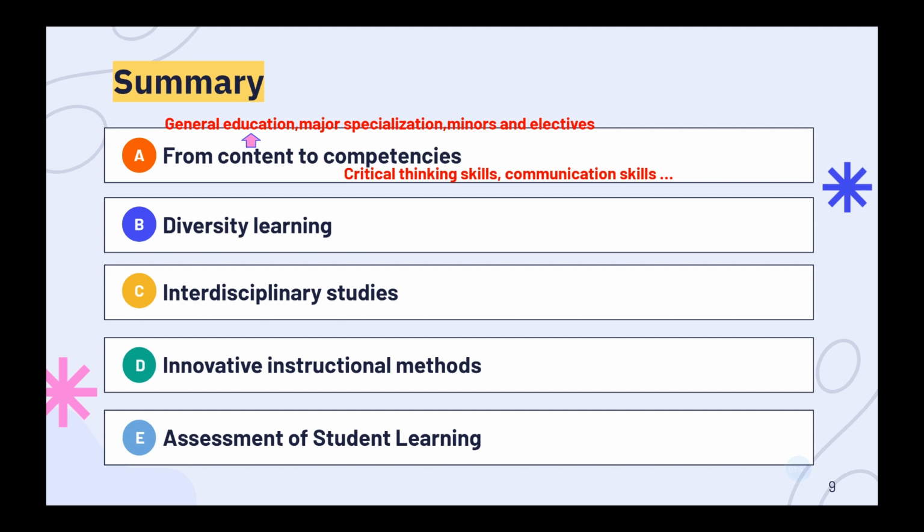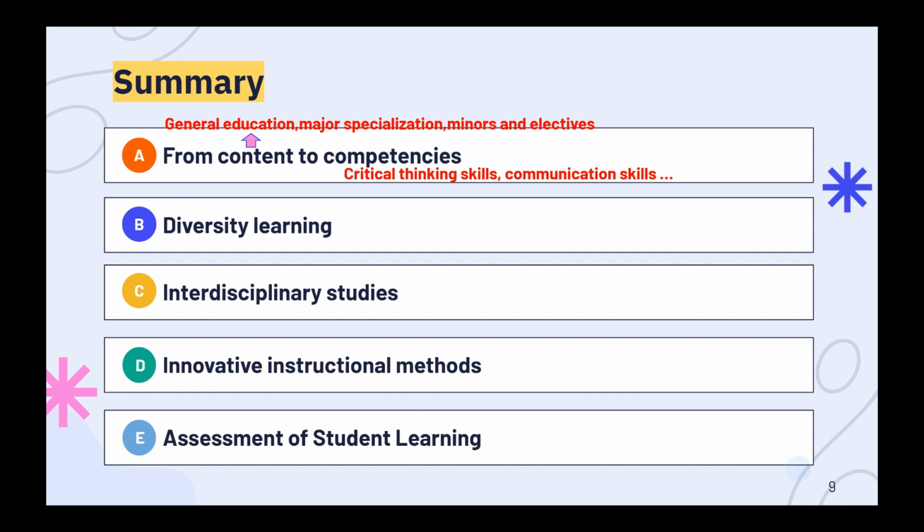In 2000, 70% of reporting institutions had diverse course requirements or were developing one. Related to diversity learning is interdisciplinary study, which is considered a major trend in teaching and research in higher education.